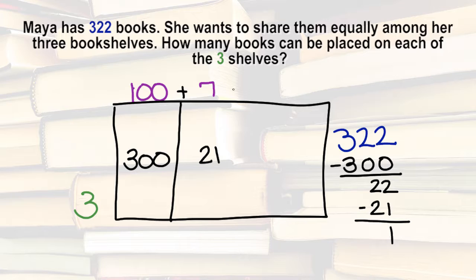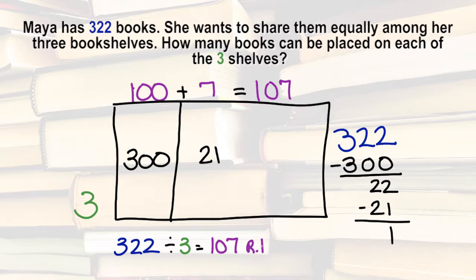When the books are placed on each of the 3 shelves, there will be 107 books on each shelf. The book cannot be split or left on the floor, so one of the 3 shelves will need to hold the additional book. When we go back to check our work, we notice that 322 divided by 3 is 107, with a remainder of 1 book.